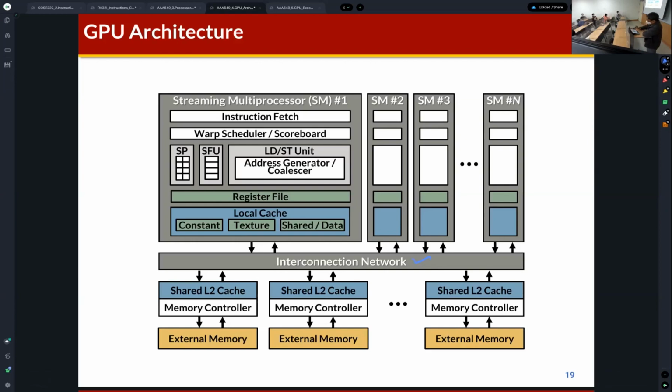Via the interconnection network, we find shared caches and streaming multiprocessors, called SMs. Multiple SMs are connected via the interconnection network to the shared L2 cache. This is very similar to the multi-core architecture.